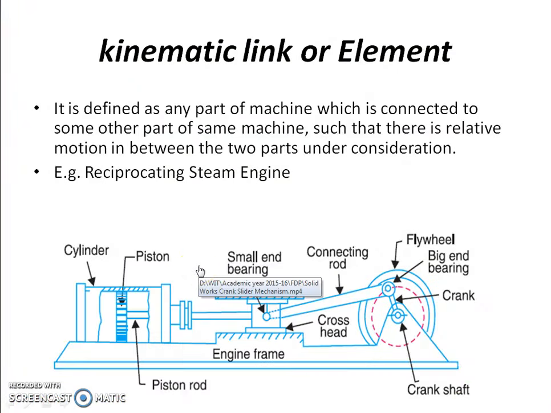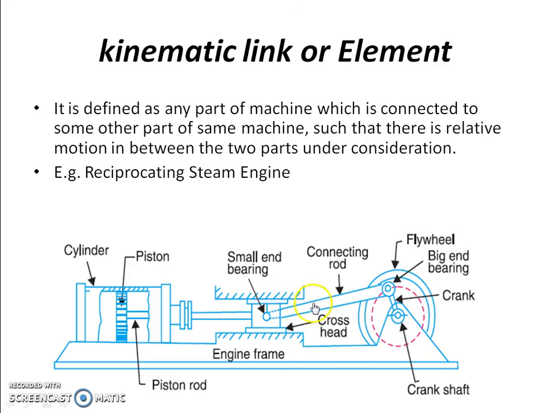In the reciprocating steam engine, there are four kinematic links present. First one is the piston rod and crosshead. The second one is the connecting rod with big and small end bearing.